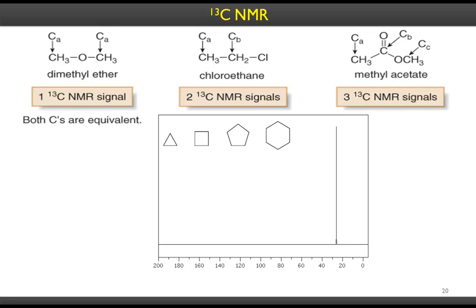So the first concept of C13 NMR is to learn how to analyze the peaks by counting the number. The number of peaks in a given NMR is proportional to the number of chemically non-equivalent nuclei. If you have more chemically non-equivalent nuclei, you get more peaks, right?